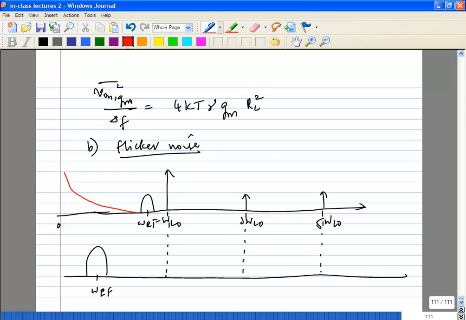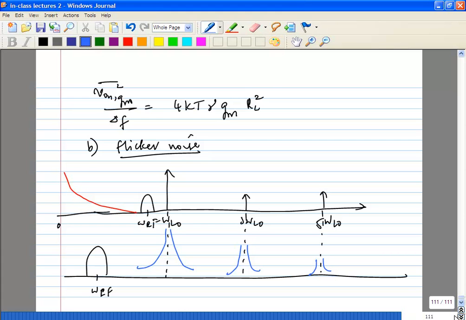Similar to that, you'll get 1 over f noise around each one of these components. And we know this can be easily filtered out because LO is very far away from IF or baseband. So you have very little 1 over f noise.